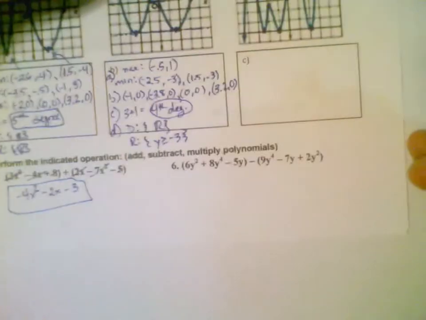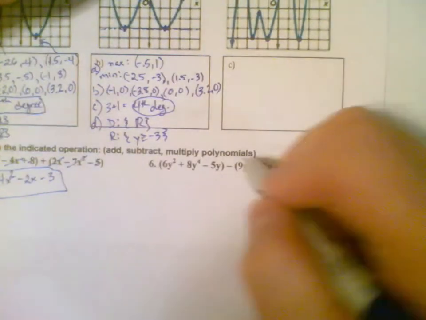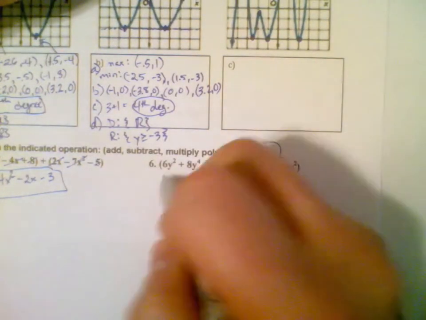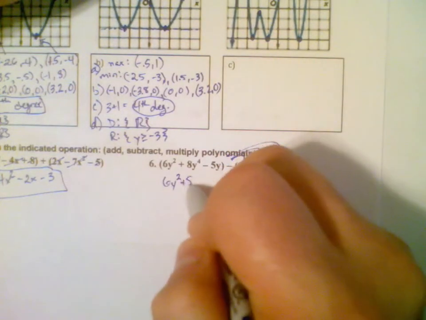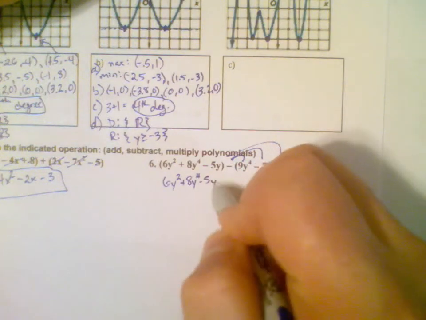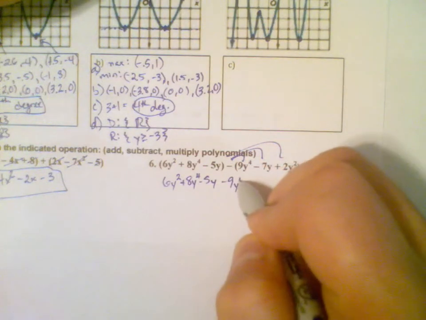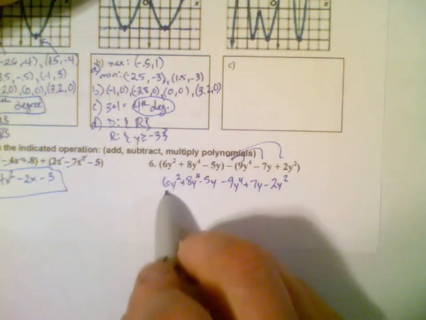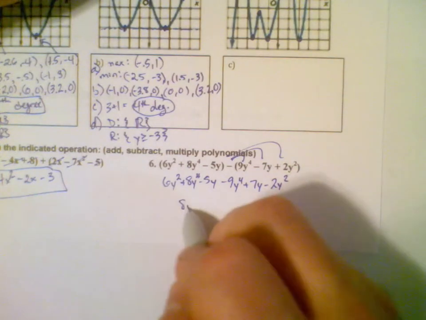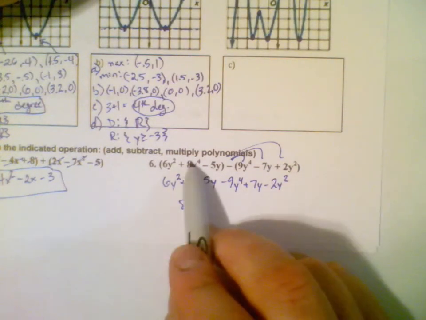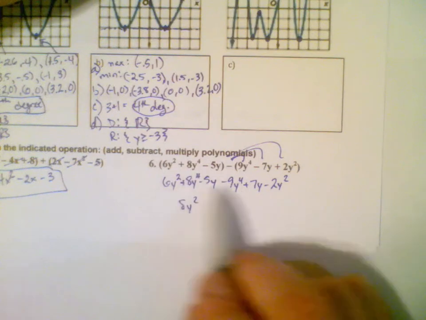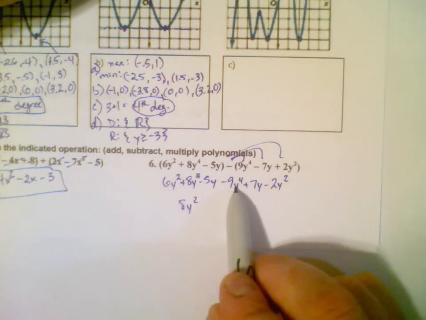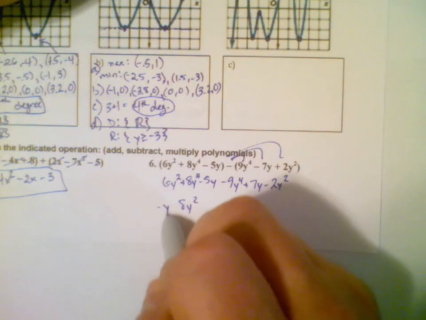Alright, so then this guy over here, let's distribute the negative, and then add. So I'm just going to rewrite it for you guys. You don't have to rewrite it, I'm just doing so you can see it. So add like terms, I got y squared, so that gives me an 8y squared. I have a y to the 4th in here, I'm going to put that out front. So 8 minus 9, so that's negative y to the 4th.